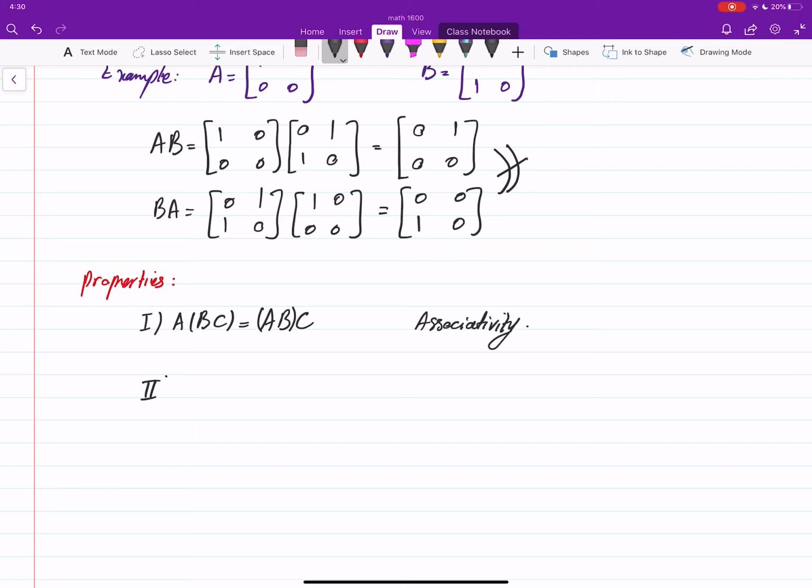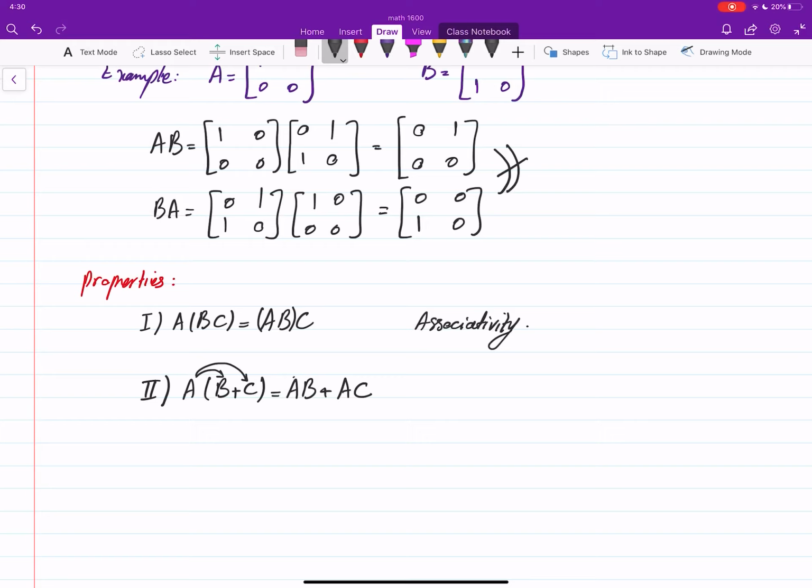The second property is that matrix multiplication and matrix addition work nicely together. So it means that we can expand, but while expanding you have to always be careful and keep the order as it is. You see, A is multiplied from the left, so you multiply A to B from the left and A to C from the left.